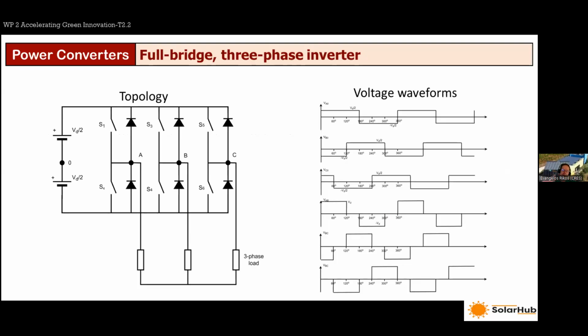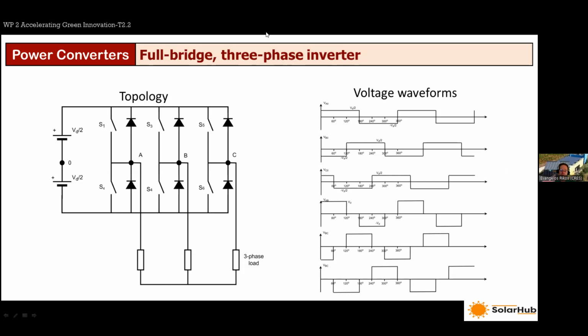A further improvement, because most AC grids operate in a 3-phase mode, is the use of a square wave 3-phase inverter. This is a full bridge version with the 6 switches, as I mentioned earlier. And here you have also a point of reference that you need to consider in order to calculate the voltages.